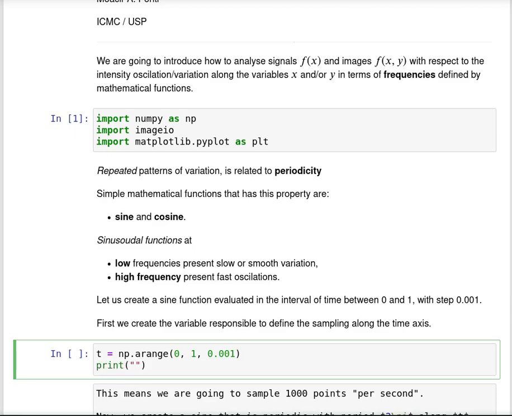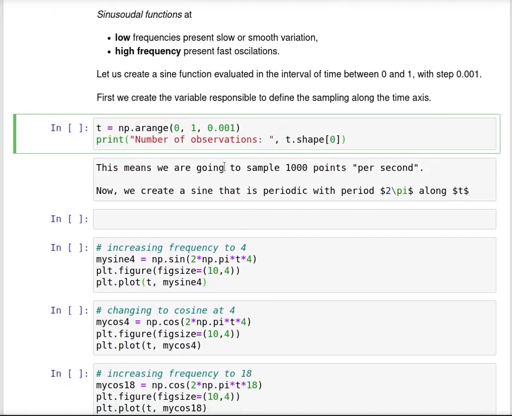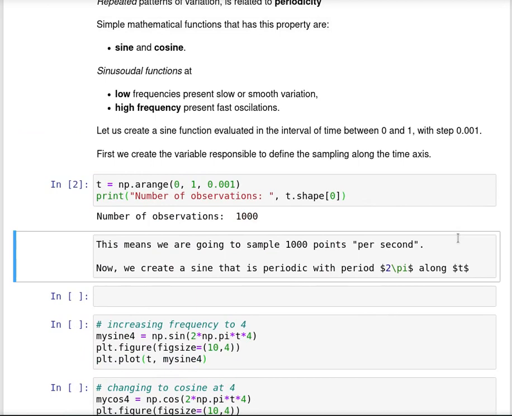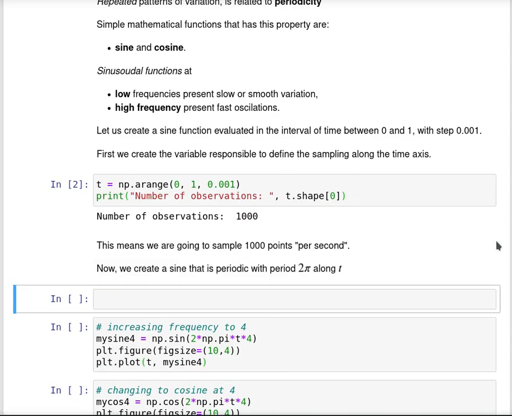I'm going to print here the number of observations, so the shape of this vector is going to indicate how many points we are going to sample. As we see here, we have 1000 points in this vector t, and this means we are going to sample 1000 points, in this case per second.